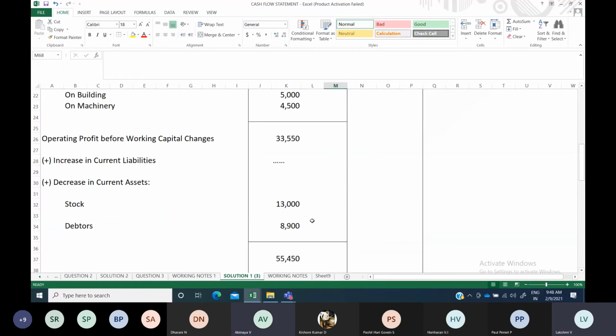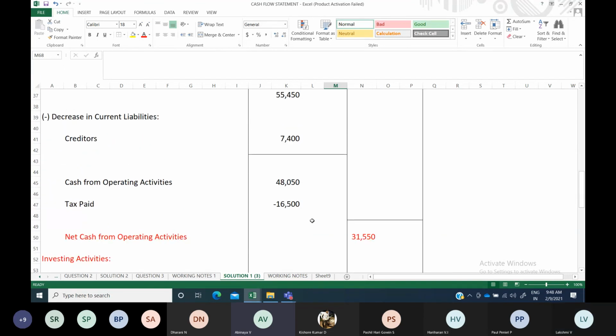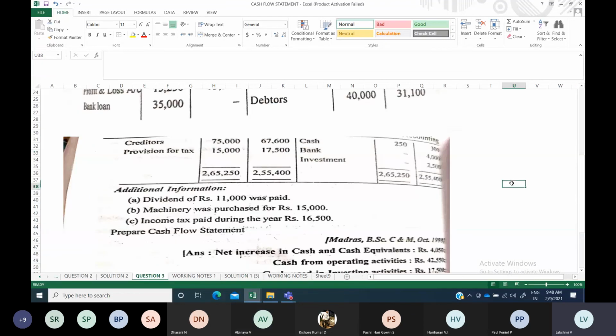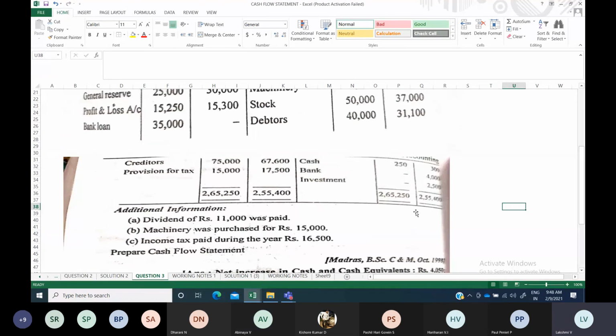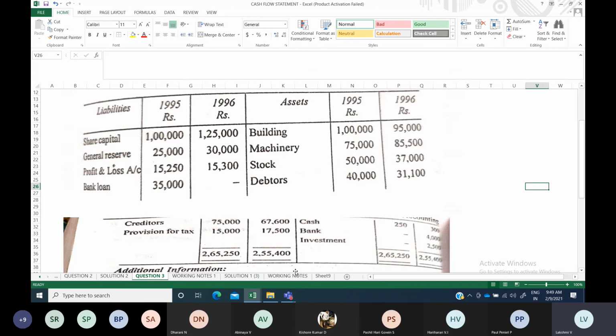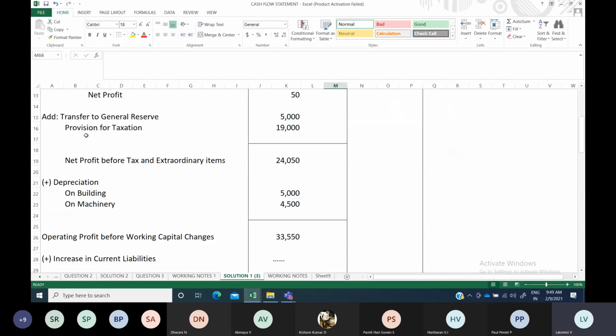Ma'am, the final total is 6,950, ma'am. 6,950, because the 300 plus 4,000, that 4,300, is coming correctly as the answer while working out the problem. The answer is not coming.